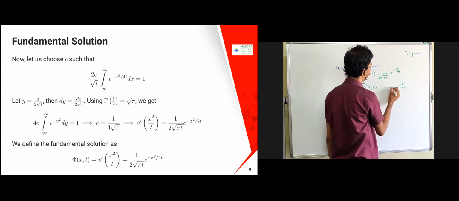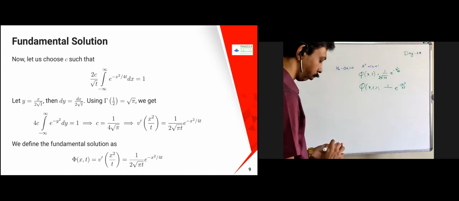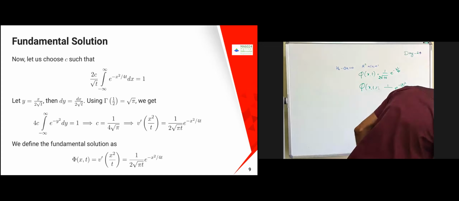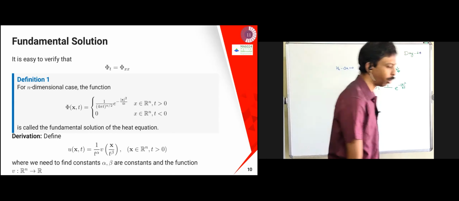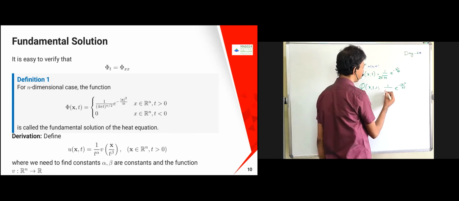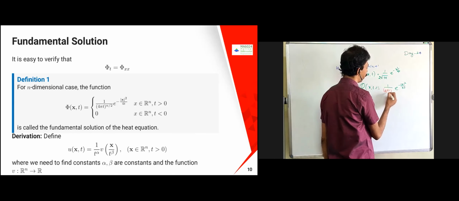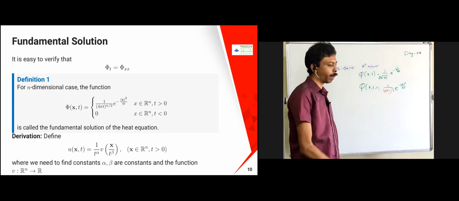So what do you expect here? Okay, I'll just reveal that. That is going to become like 4 pi t whole power n by 2. So only this part we need to claim now.